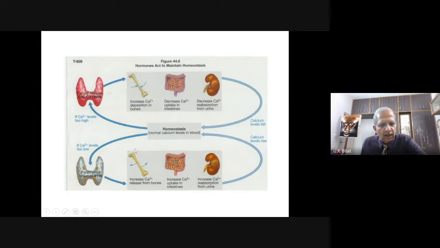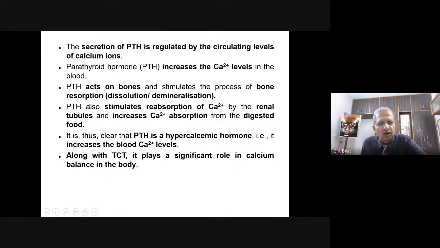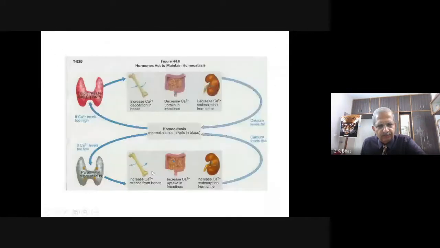But the parathyroid hormone is playing in a different way. Whenever calcium level in the blood is too low, the parathyroid gland releases a hormone called parathyroid hormone. This parathyroid hormone increases calcium release from the bone. That means it results in bone resorption, demineralization, or dissolution.